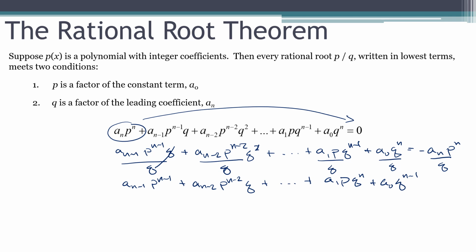Excuse me, this is not q to the n minus 1, this is q to the n minus 2. There we go. I had a feeling that was off. Equals negative a n p to the n over q.